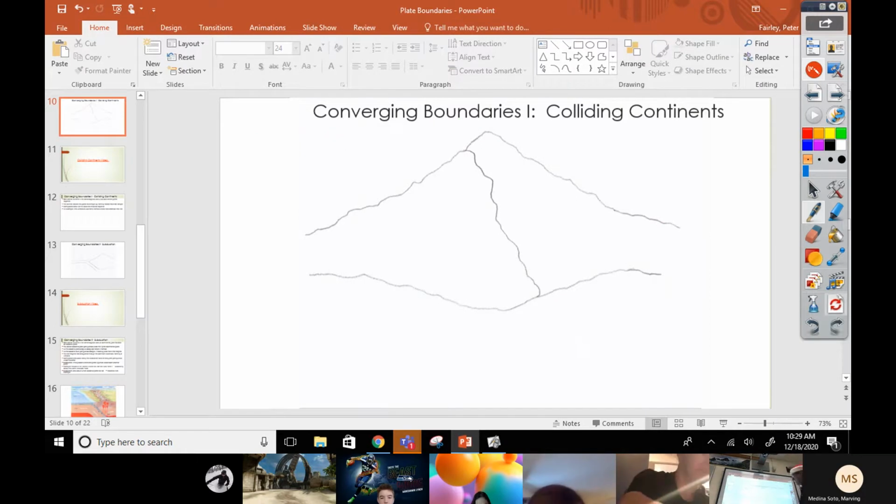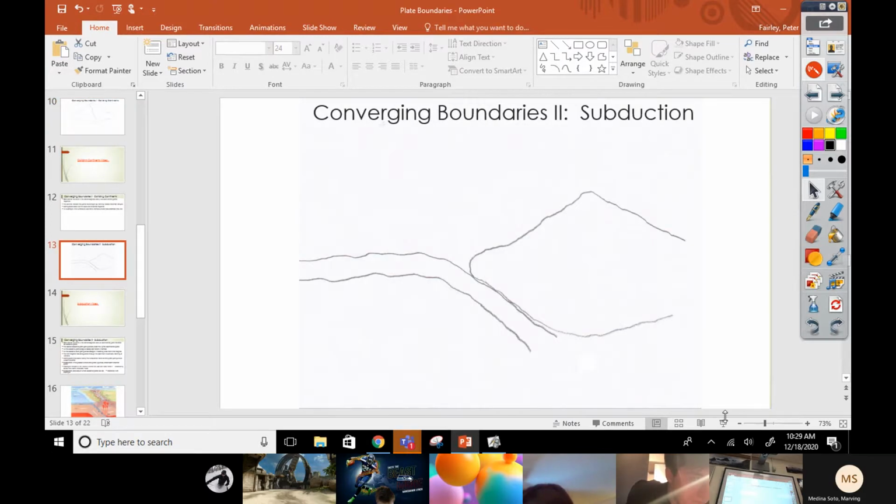So these guys are kind of like if you were to slide two carpets towards each other, they'd crumple up. So that was our first converging boundary, but we have a second one as well. So that's where we're going to pick up today, with converging boundary type 2.